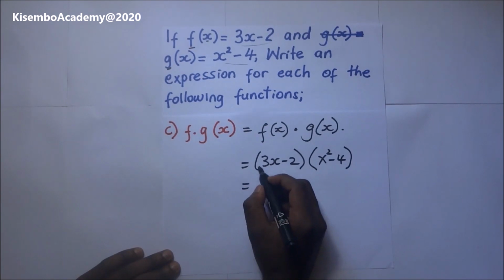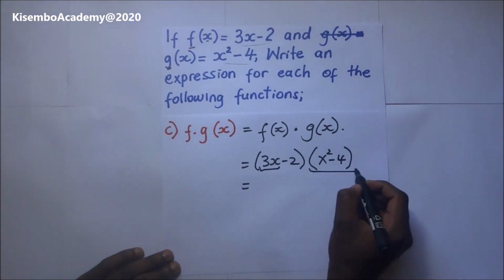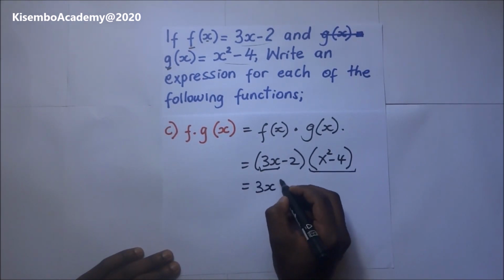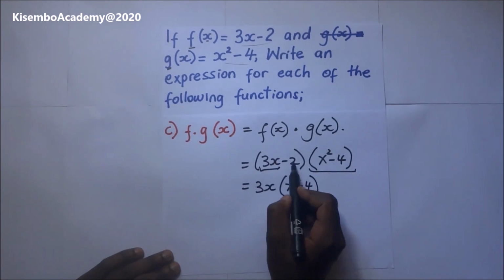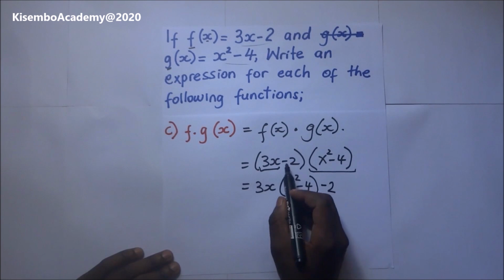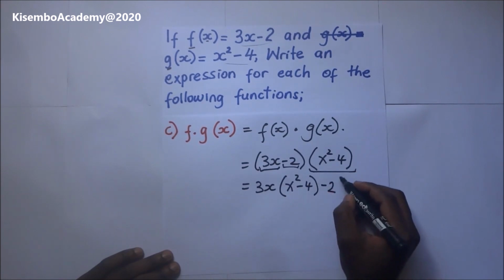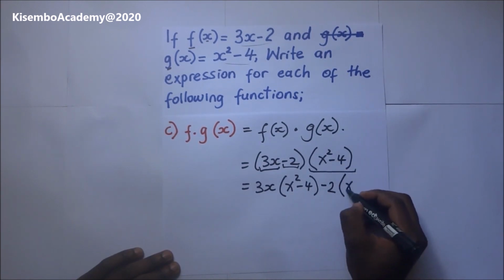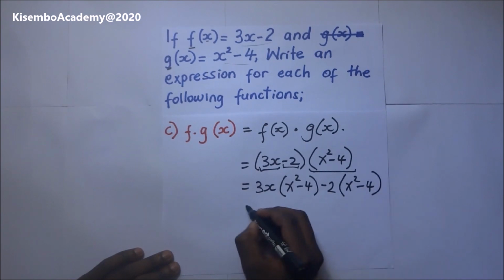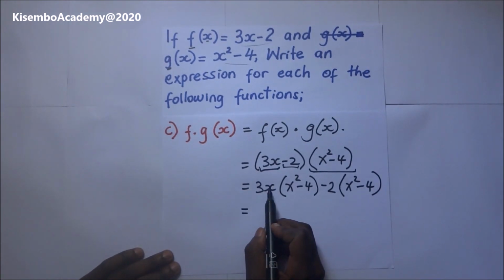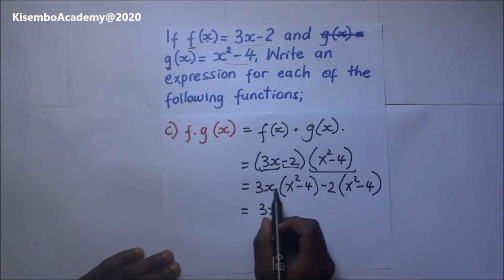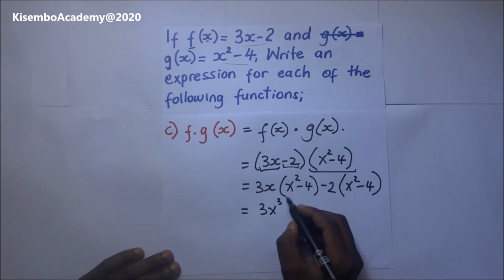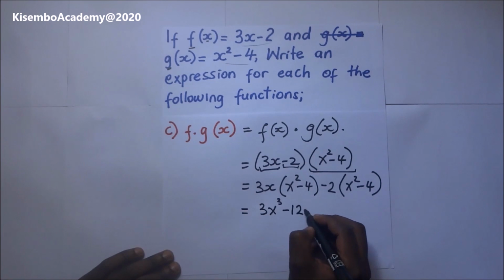So this becomes 3x times x squared minus 4, minus 2 times the whole bracket, minus 2 into x squared minus 4. So opening brackets, 3x times x squared is going to give us 3x to the power 3. 3x times -4 is going to give us -12x.